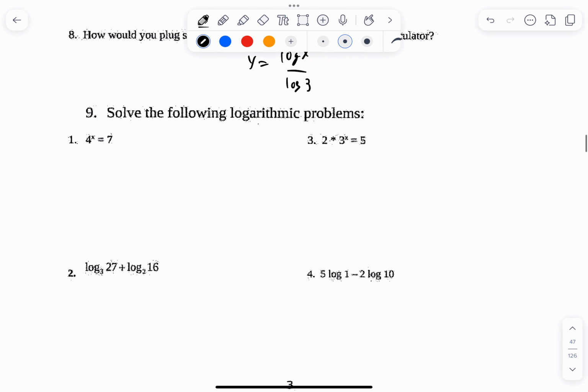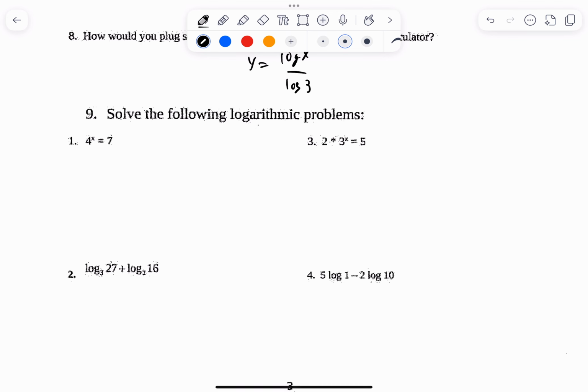Okay. Solve the following logarithmic problems. 4 to the power of x equals 7. Since we want to get the x out of the exponent, we're going to put log base 4 over here to cancel that out, and 7 on the other side.